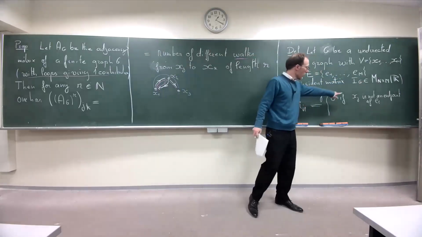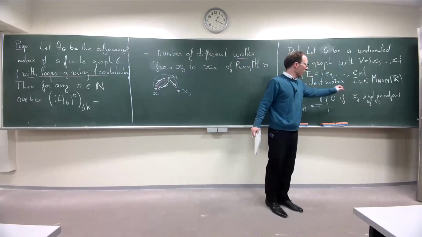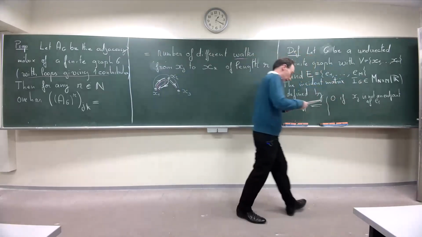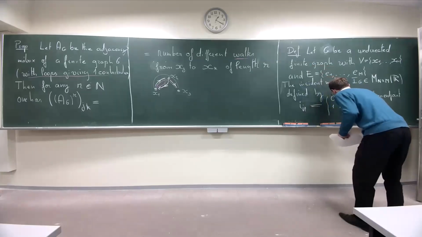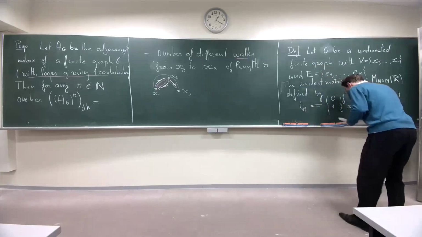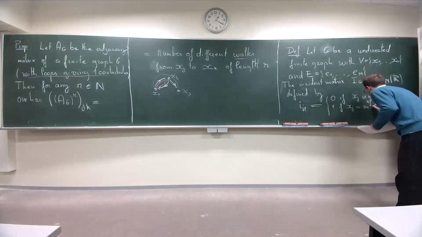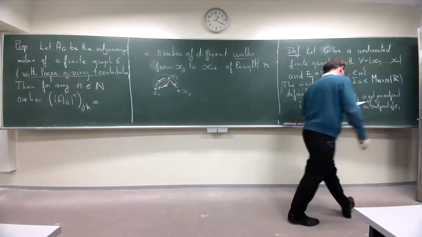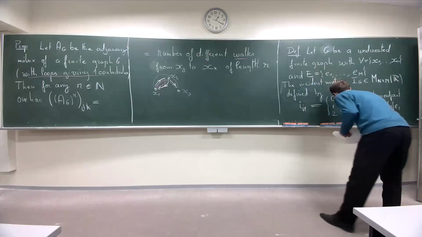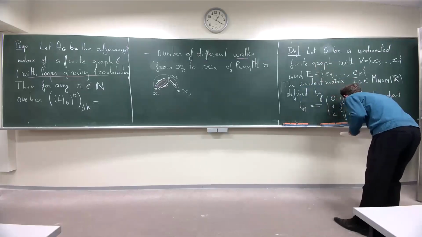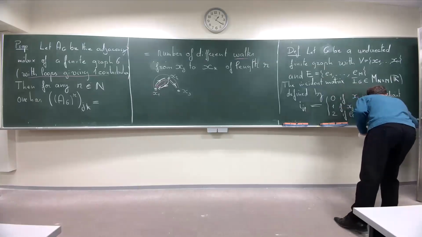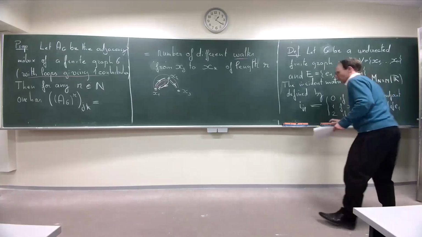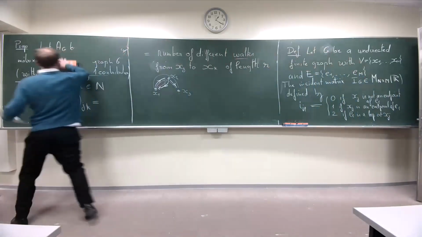It is 0 if xj is not an endpoint of the edge EL. It is 1 if xj is an endpoint of EL. I will make an example. And it is 2 if EL is a loop at xj. So let's look at an example.